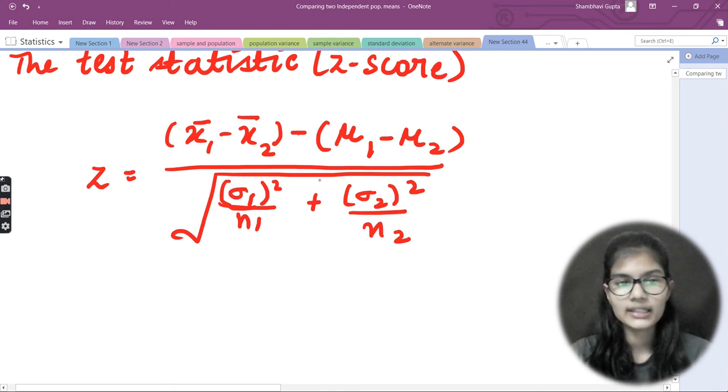Fine. So these are the sigma 1 and sigma 2 values which we will have in this z-score formula. The test statistic is what we also call the z-score.